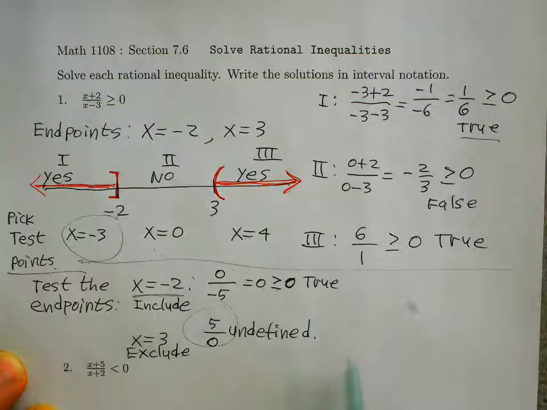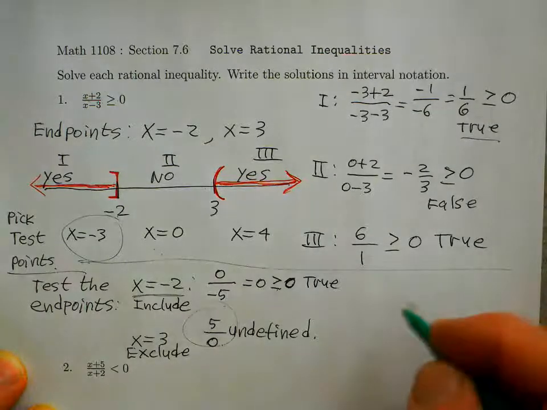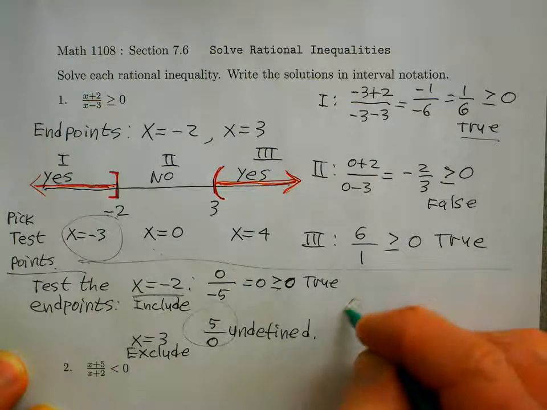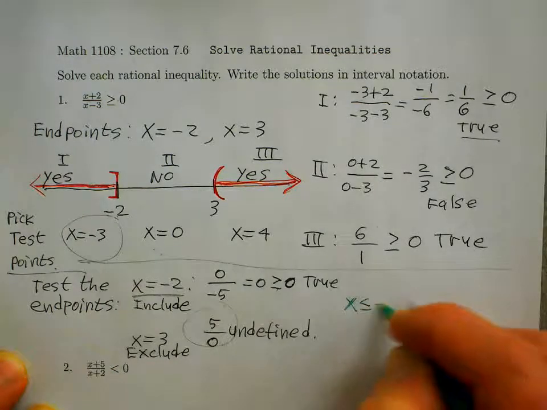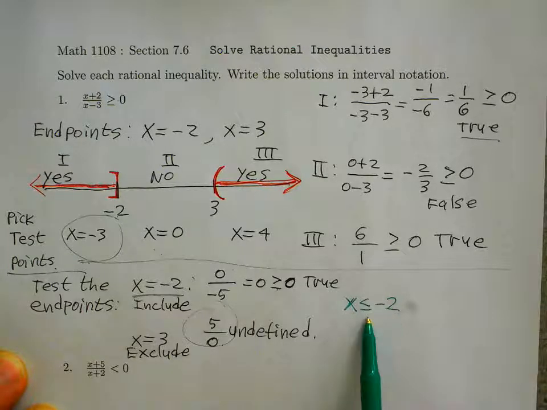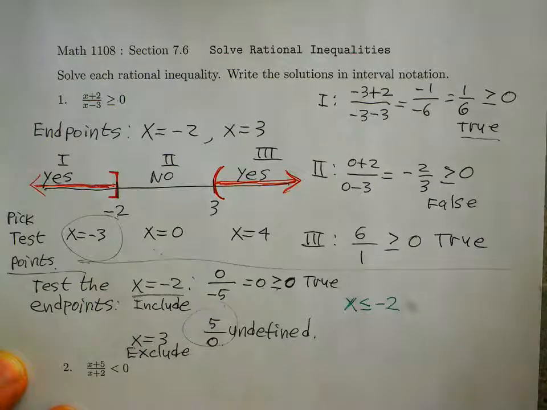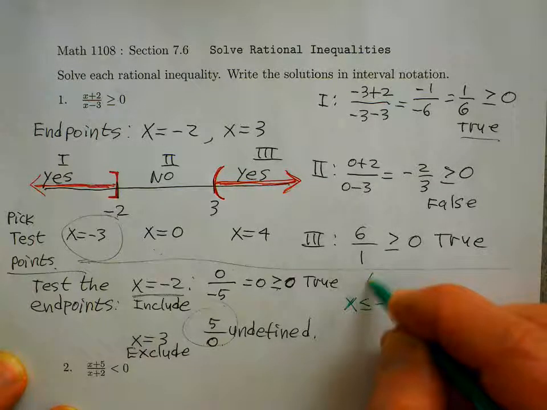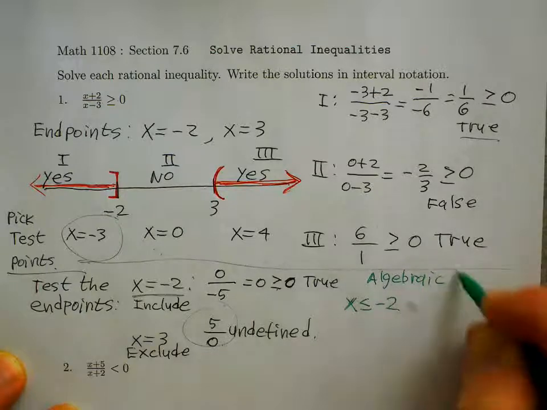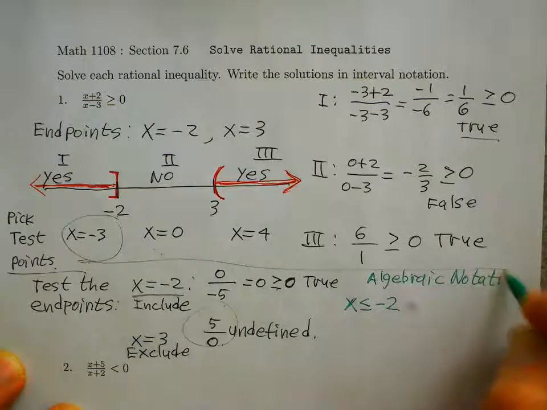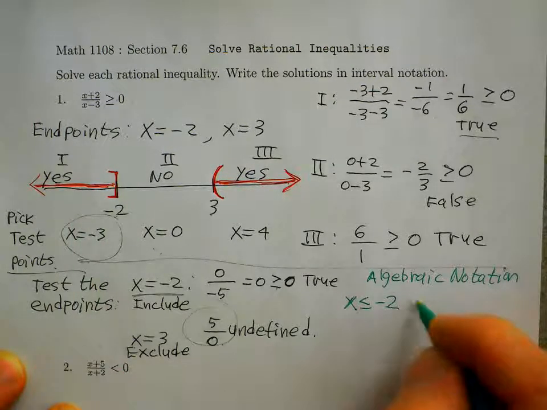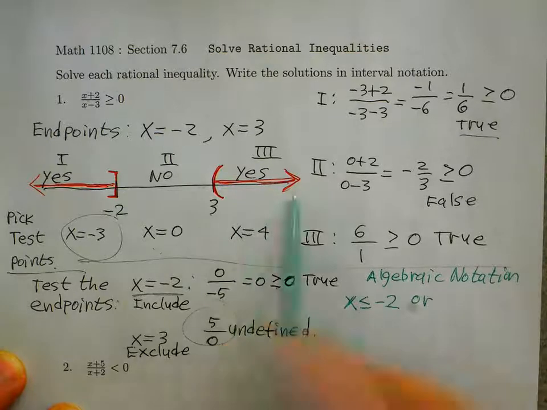Then the notation for this part of the number line: x is less than or equal to negative 2. Whoops, this is not interval notation yet. This is the algebraic notation. We might as well review algebraic notation while we're at it. So x is less than or equal to negative 2, or x is greater than 3.